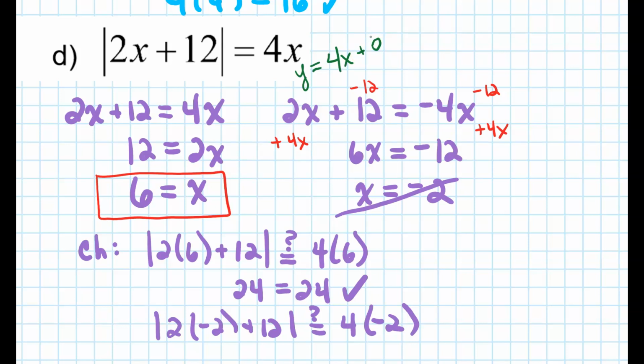Yeah, so that would just be a line, and this one is also y equals the absolute value of 2x plus 12. So where is the only place those two would intersect? At x equal to 6. Yeah, that would be the only place.